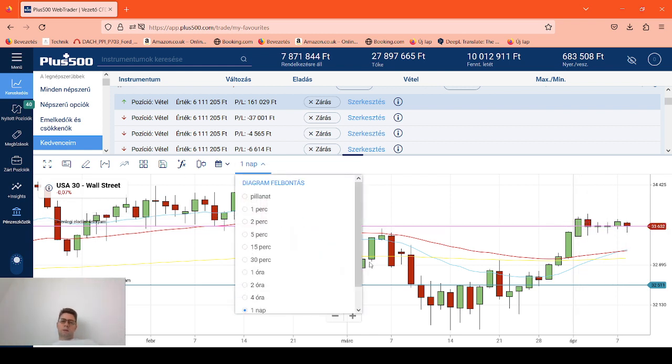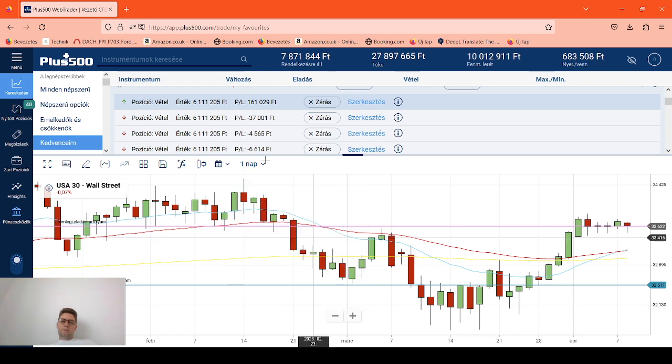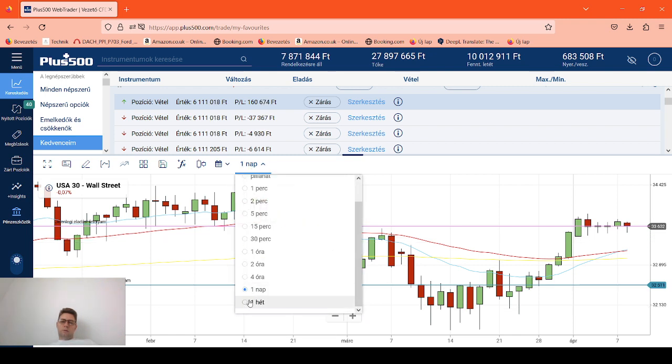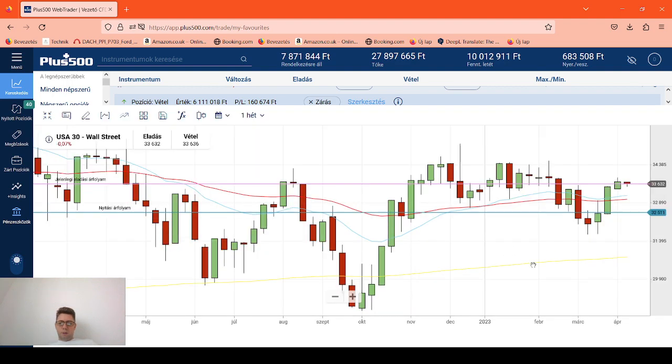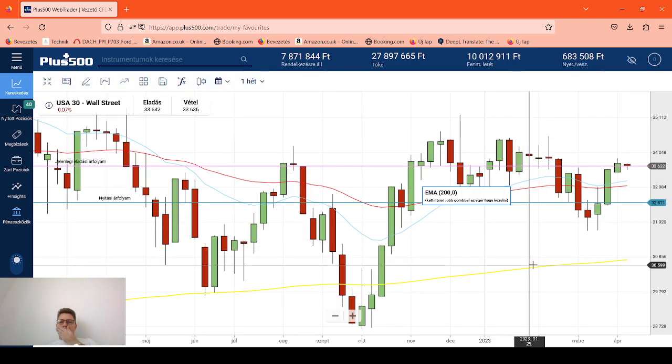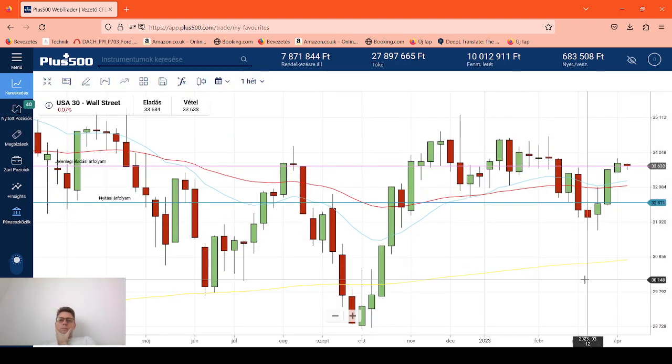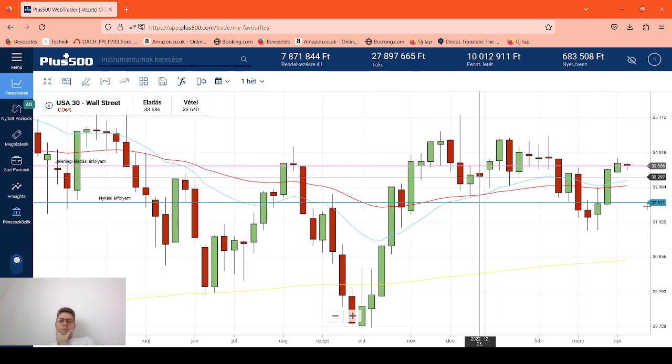Let's have a quick look at the weekly chart on the Dow Jones. And here we also have a head and shoulder pattern forming.